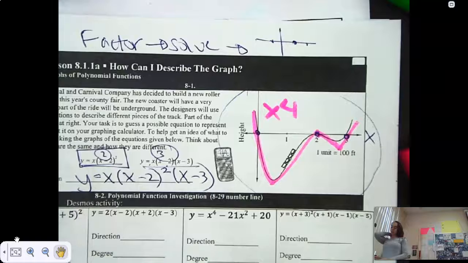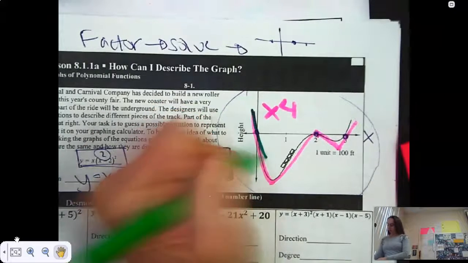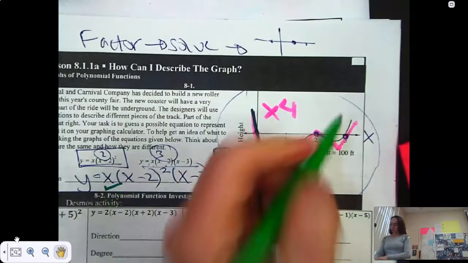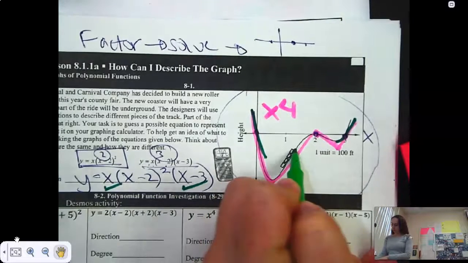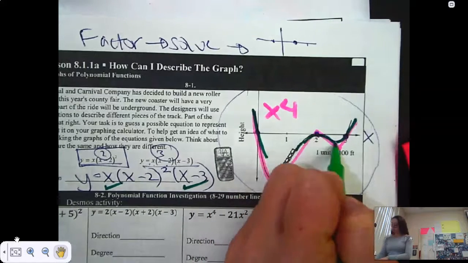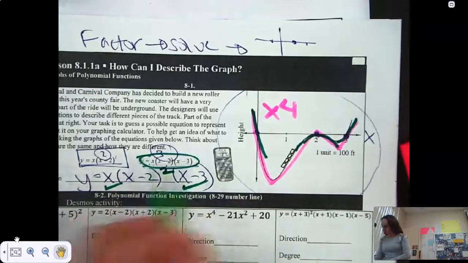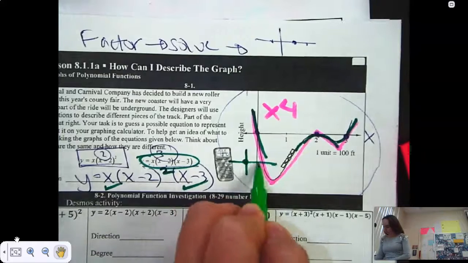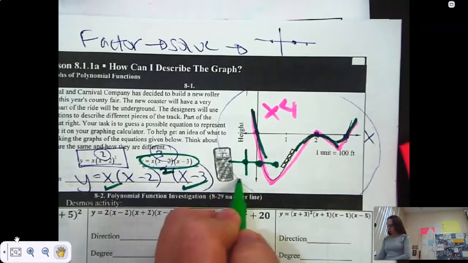What you're going to learn is that when it goes through it, it's just there. But if, instead of going through the 2, it bounces off the 2, that square will represent a bounce. If I was to graph this one just to kind of show you, 0, 2, 3. It's to the 3rd power, and it goes through.